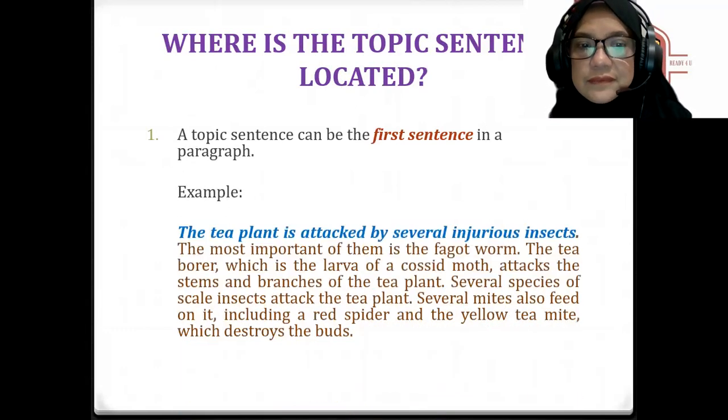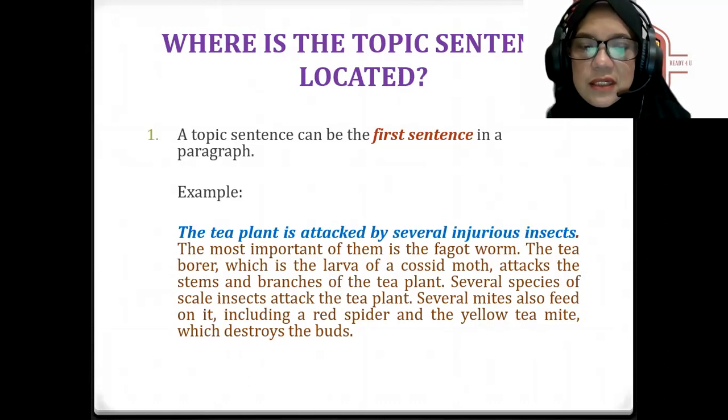For example, the tea plant is attacked by several injurious insects. The most important of them is the faggot worm. The tea borer, which is the larva of a corset moth, attacks the stems and branches of the tea plant.